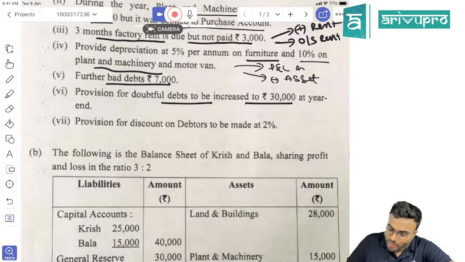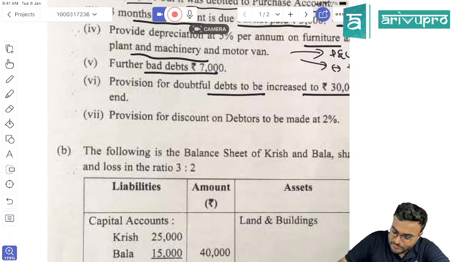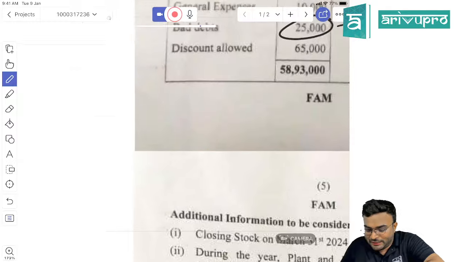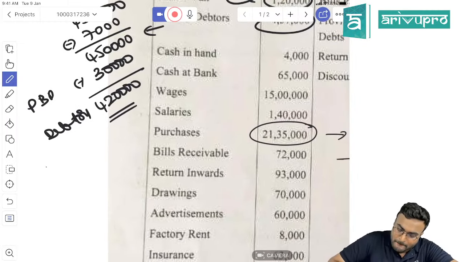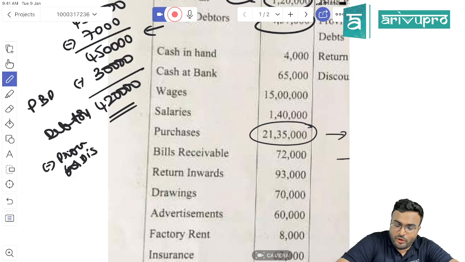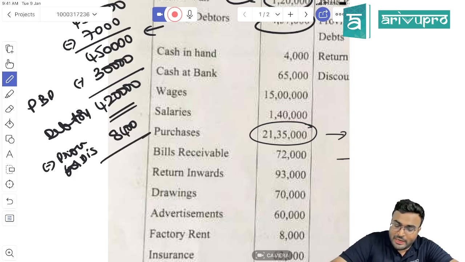Then they have told provision for discount on debtors to be made at 2%. So now what will you do? 4,20,000 you have minus provision for discount. 4,20,000 into 2% is going to be 8,400. You remove that.